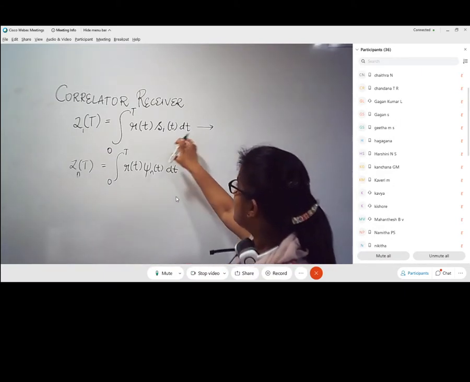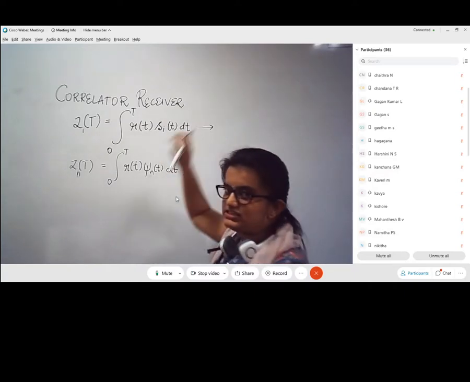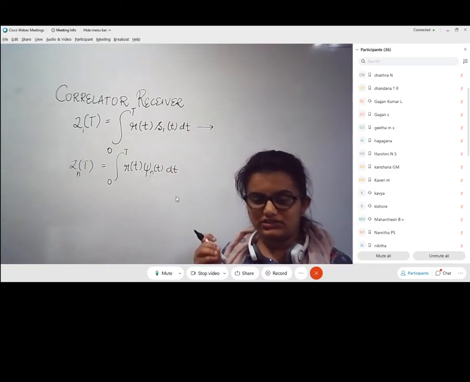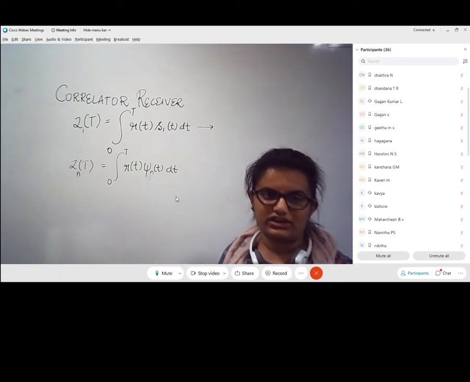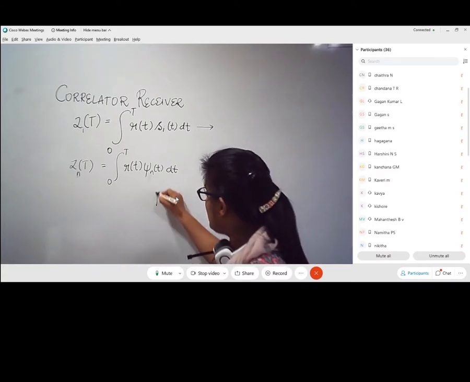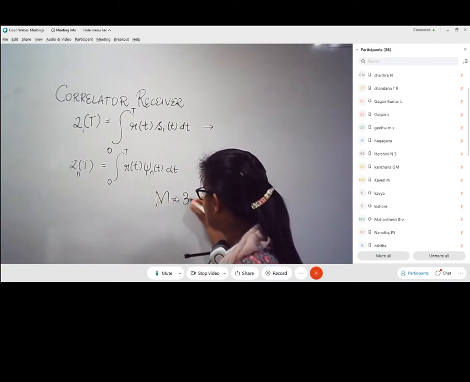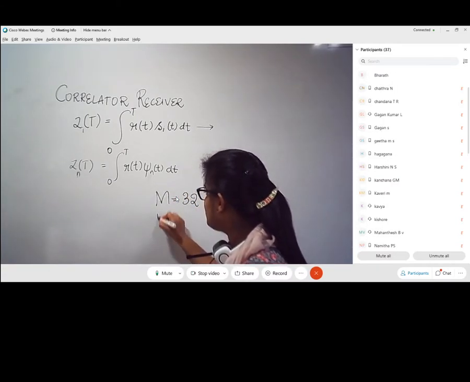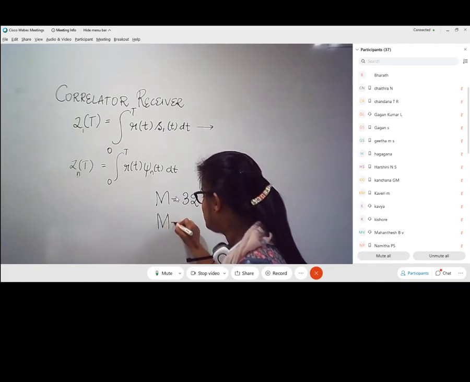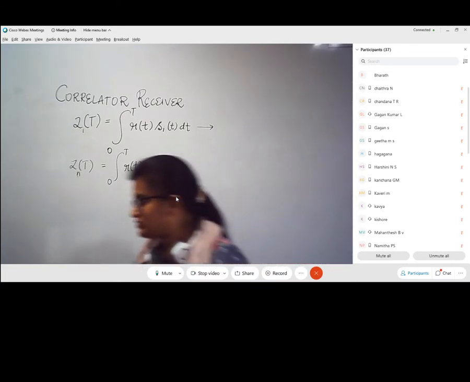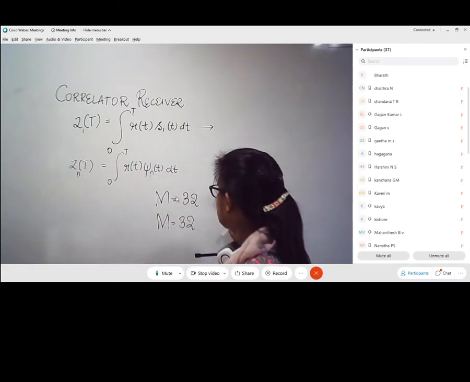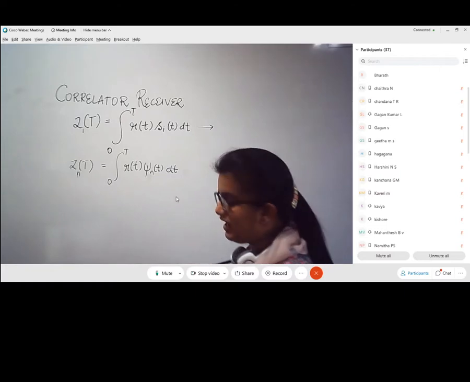We make use of reference signals, because we know that for a given modulator there will be a corresponding receiver or demodulator. If I am generating 32 symbols on the transmitter side, I must make sure that my receiver is also designed to receive 32 symbols. That is most important. So the M value is constant on both the transmitter and the receiver.